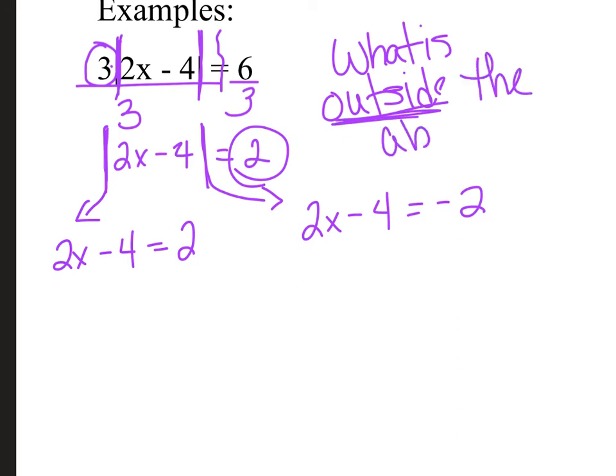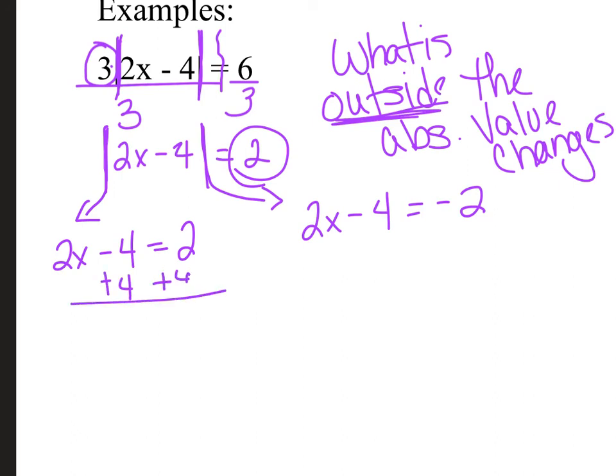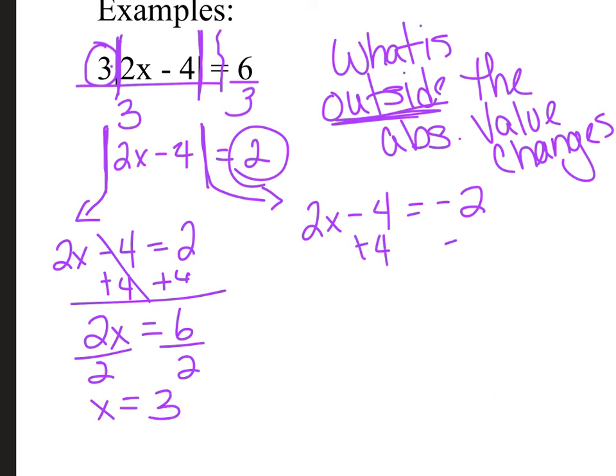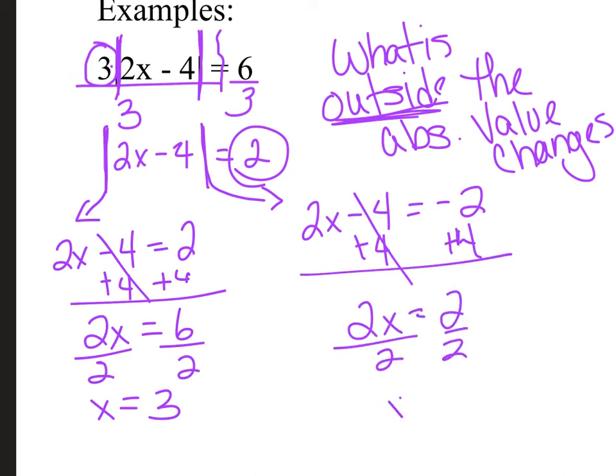All right, then we just solve each of these equations. Generally, they're two-step equations or one step. So add or subtract, and then divide. So 2x equals 2. That's a 4. And divide by 2. So in this case, x is 3 and x is 1.